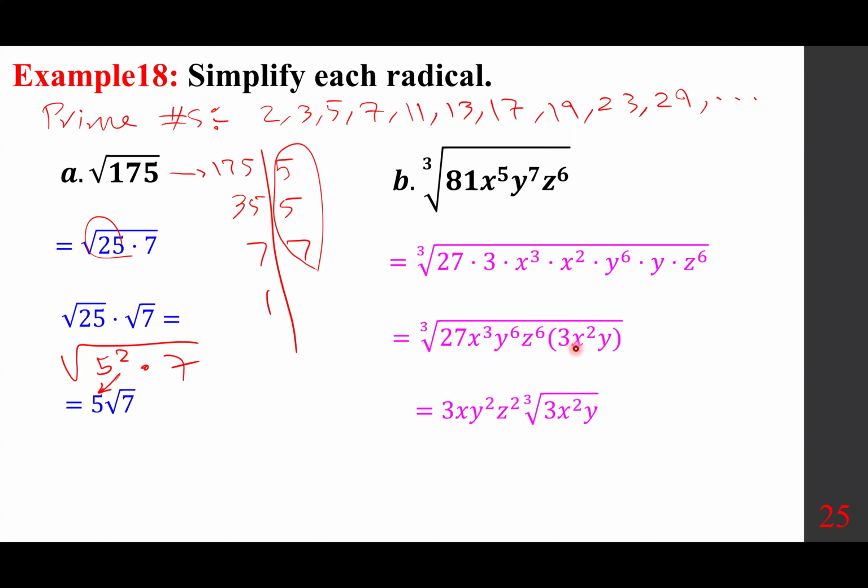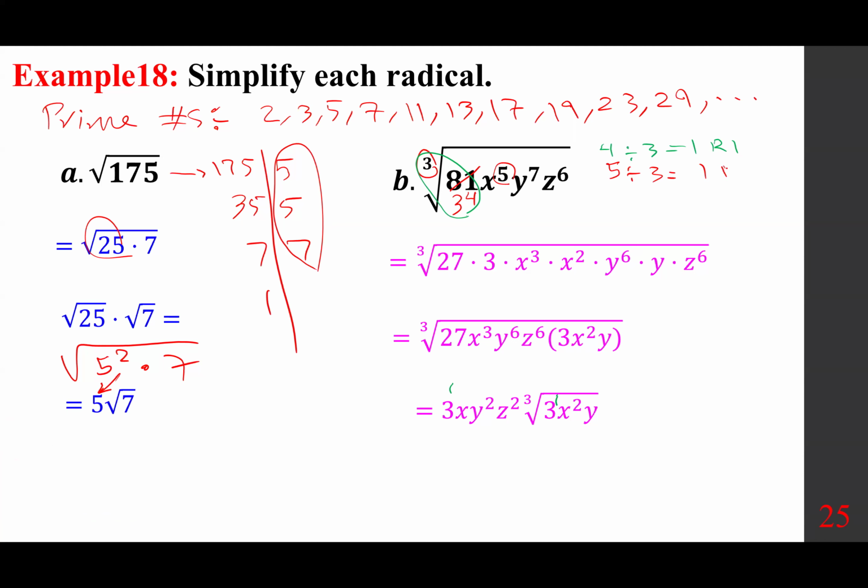Here's the second method. Just change this to 3 to the power of 4. Remember, the index is 3. So you are going to divide the exponent 4 by 3 and say the answer is 1 with the remainder 1. You keep 3 to the power of 1 outside, 3 to the power of 1 inside. The next exponent is 5. Divide by 3.